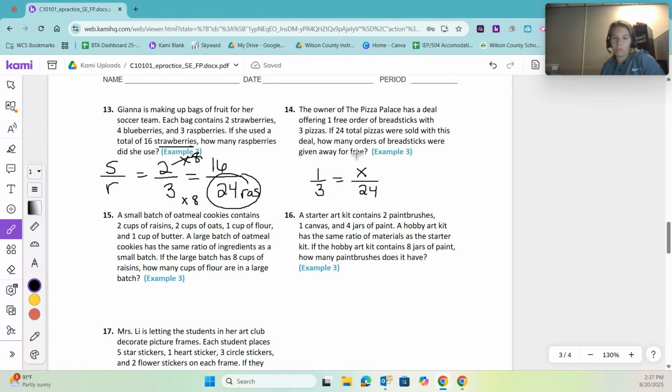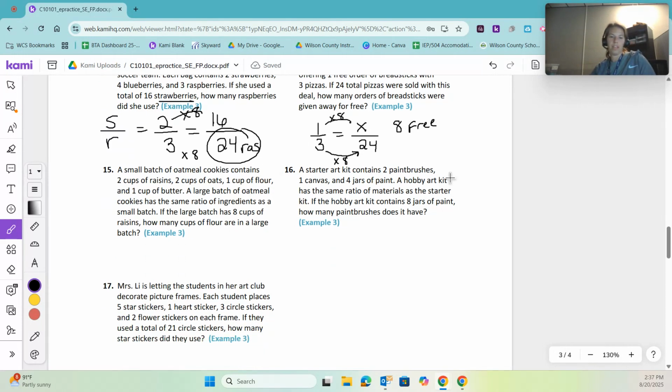This one seemed a little bit easier. They didn't have any extra numbers that we didn't use. So we multiply 3 times 8 equals 24. So 1 times 8. That means there are 8 free orders of breadsticks. There are 3 more just like that you can try on your own.